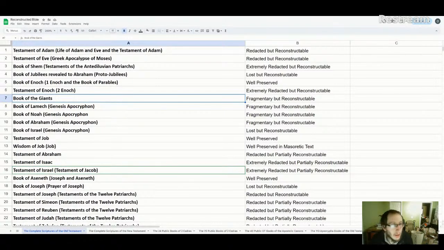And let me share with you guys, there is a list of Apocrypha books of the Church Fathers, which gives a small detail about the Book of the Giants that we can use for reconstruction purposes.